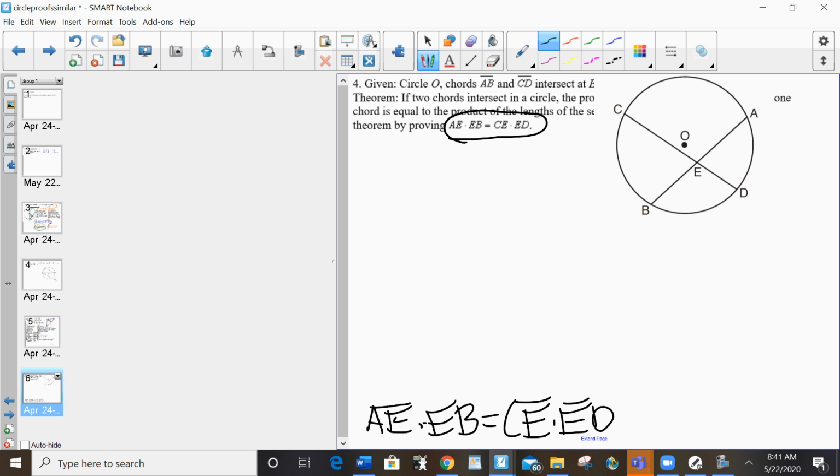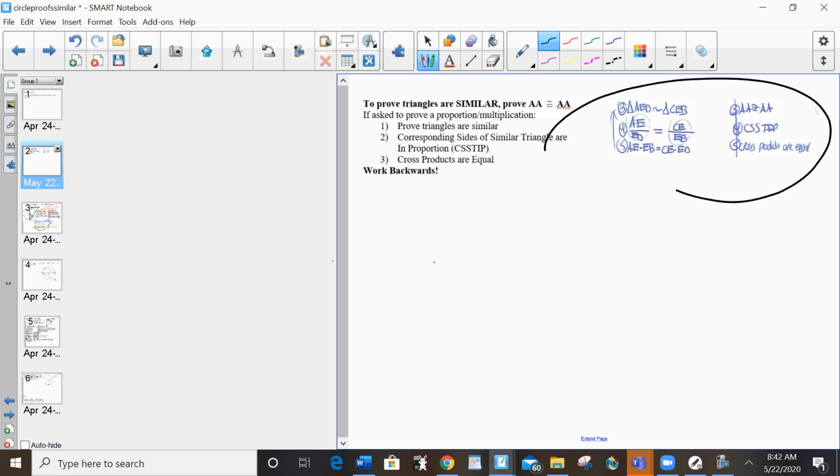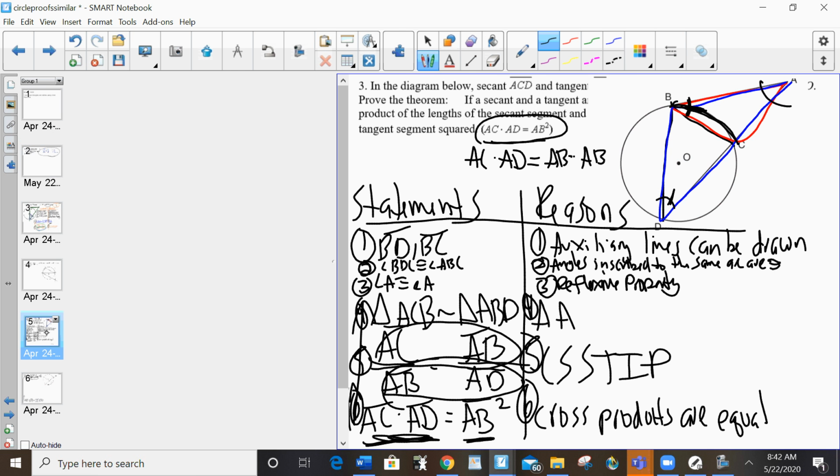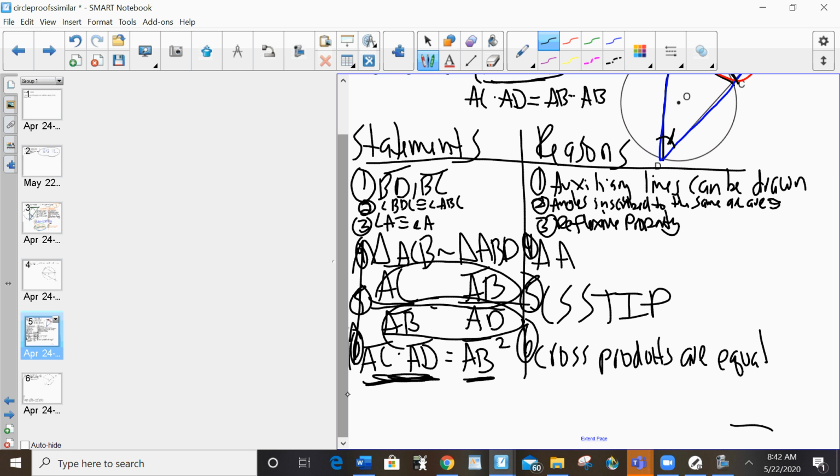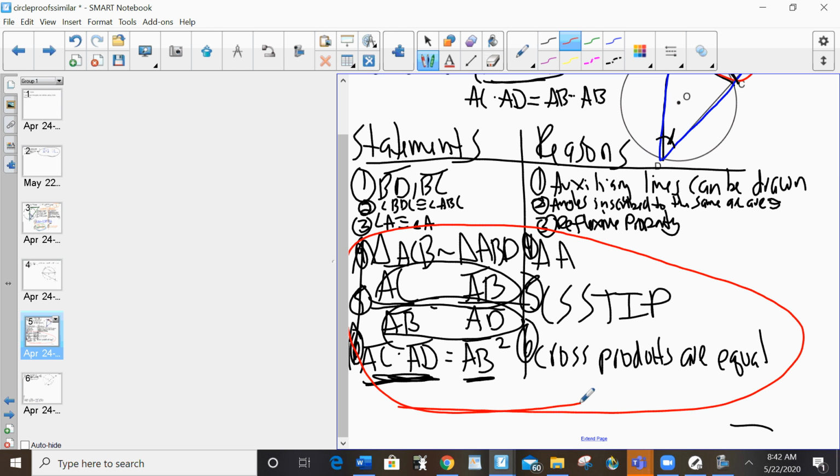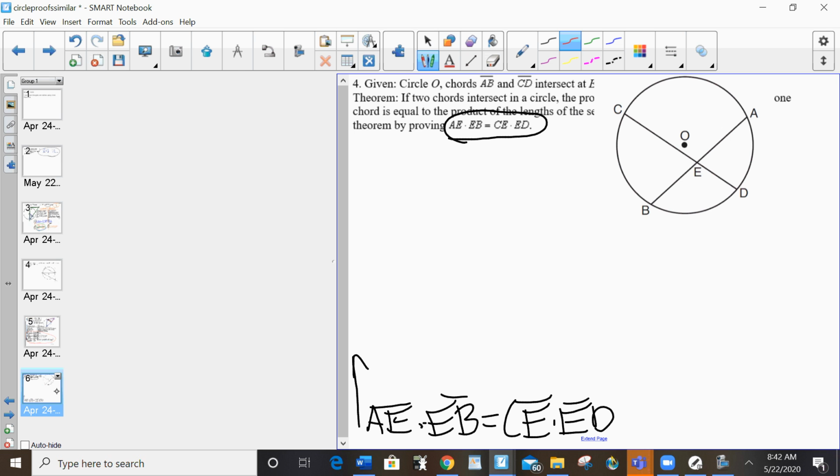And what I want to see right now from you is your bottom 3 steps. Use this as a model. It's the same thing. I want to see your bottom 3 steps.